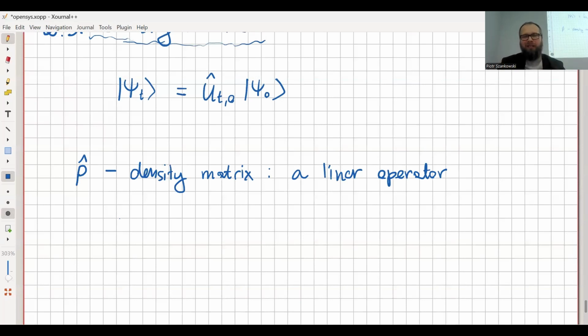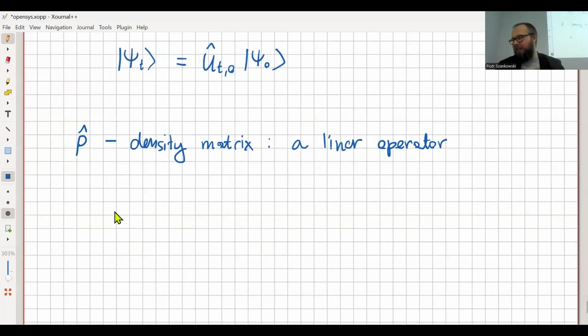And this operator has to satisfy three conditions. So one, it has to be non-negative, rho. It's supposed to be rho, okay? Maybe it's not P. P would be like this, okay? This is rho.